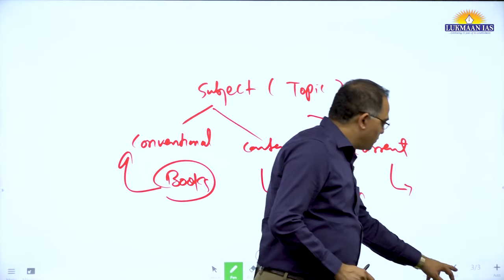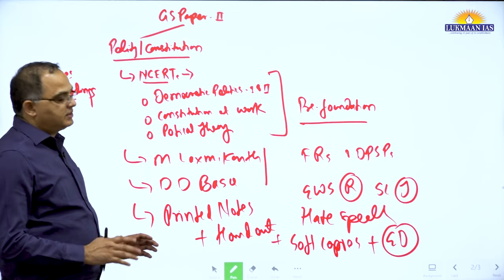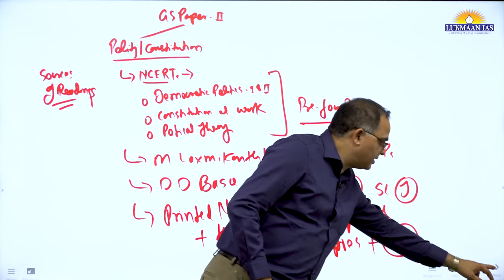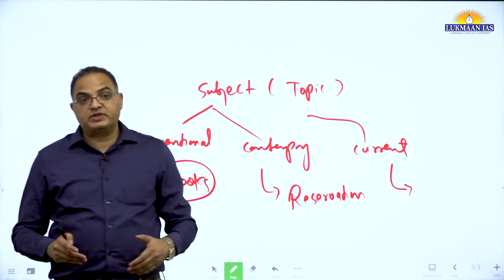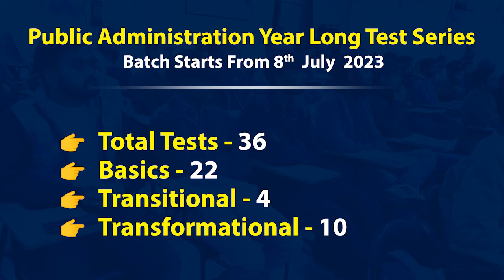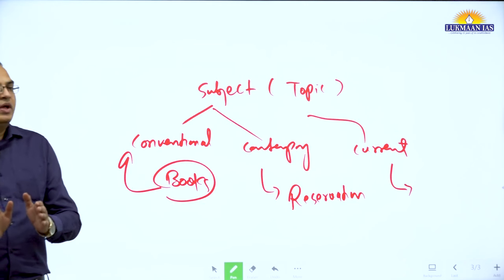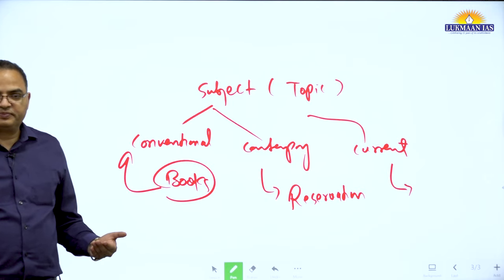So what we were trying to say is sources. In sources, since contemporary and current will take a bit of time, you have to focus first on the conventional aspect. Largely our focus will also be on the conventional part, although when topics related to current and contemporary come up in conventional topics, we will deal with that also.